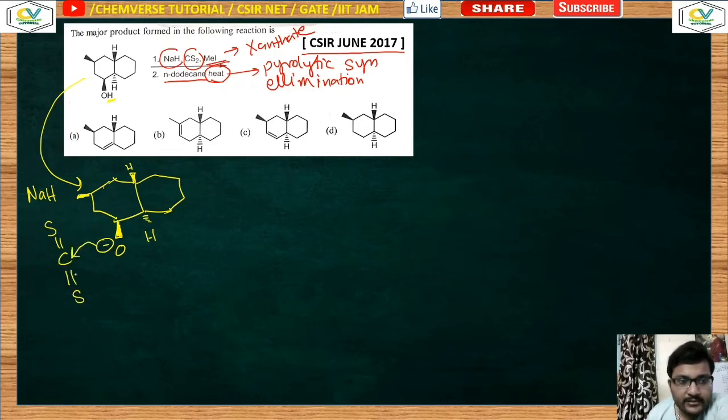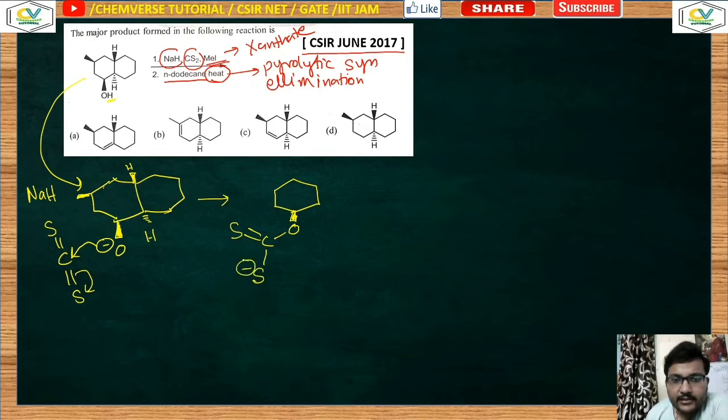Now it will attack here, it will be on negative. So you are getting something like this: oxygen, C double bond S, S minus, there will be one methyl over here, and it is hydrogen, hydrogen. The rest of the portion remains intact.